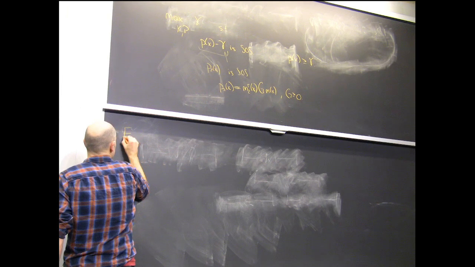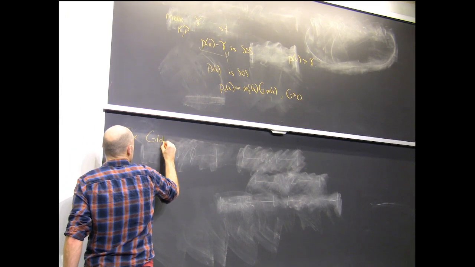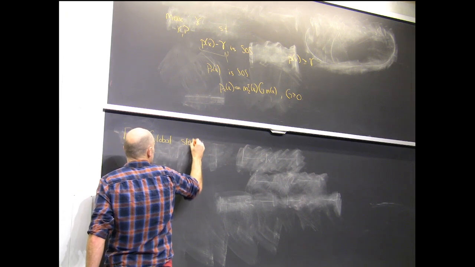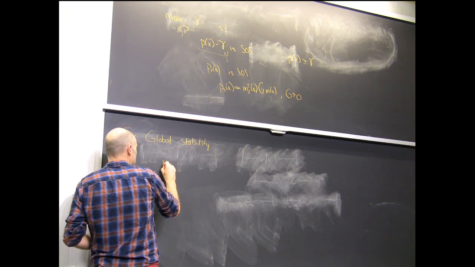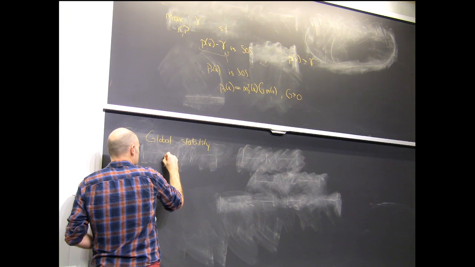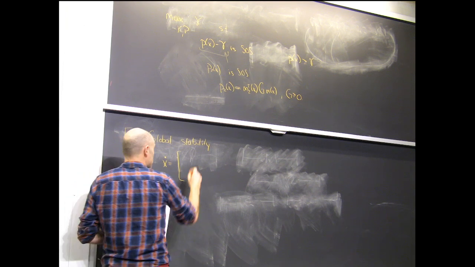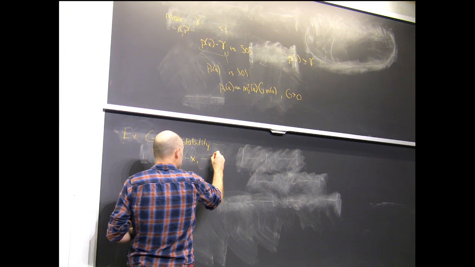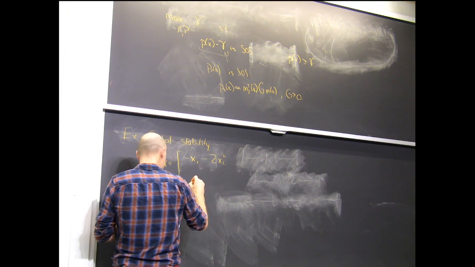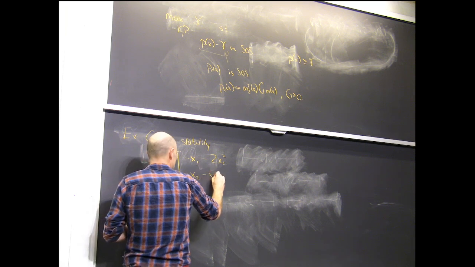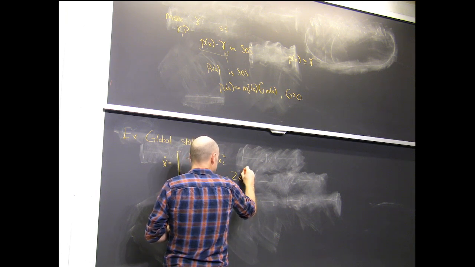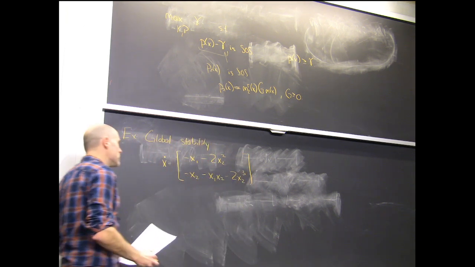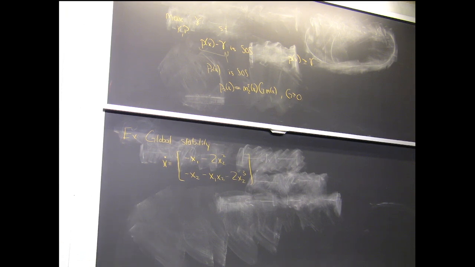So the global stability example from last time was a two-dimensional system, x dot, which is negative x1 minus 2x2 squared, minus x2 minus x1 x2 minus 2x2 to the third power. Just some carefully chosen polynomial dynamical system.